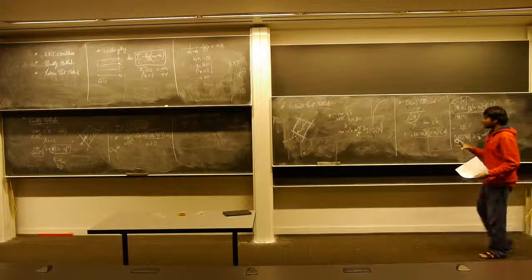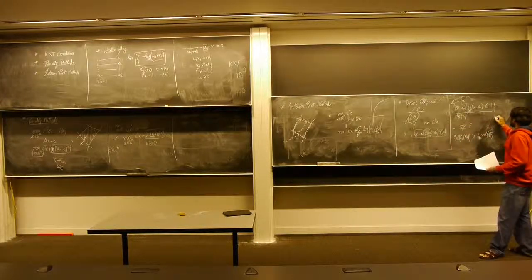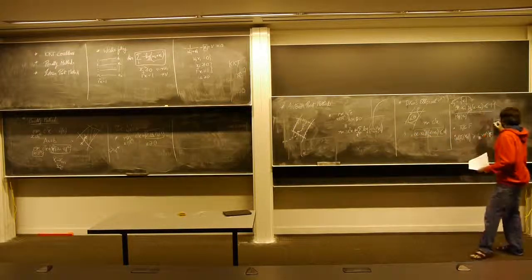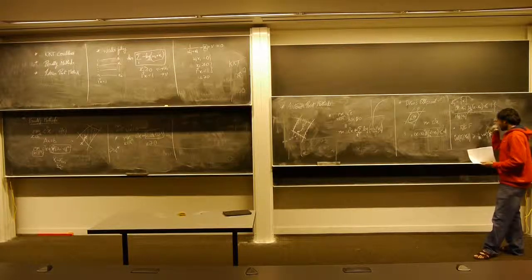Suppose I have a linear constraint, Ax = b as my constraints, where A is m cross n, and so I have a polyhedron.